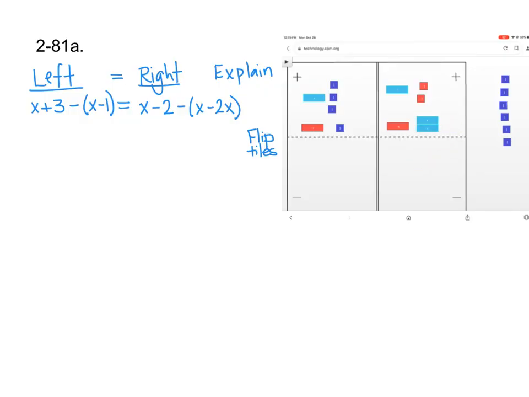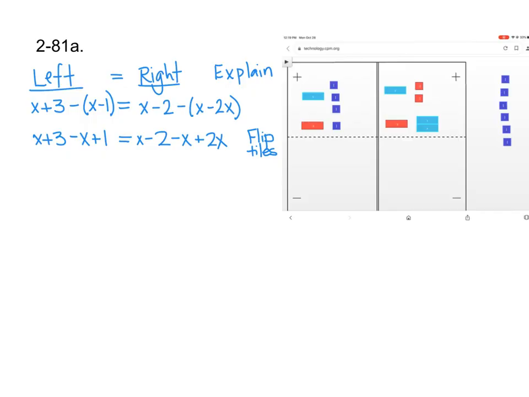Now that I have flipped my tiles, I am left with, on the left side here, x plus 3 minus x plus 1. And on the right-hand side, I'm left with x minus 2 minus x plus 2x.